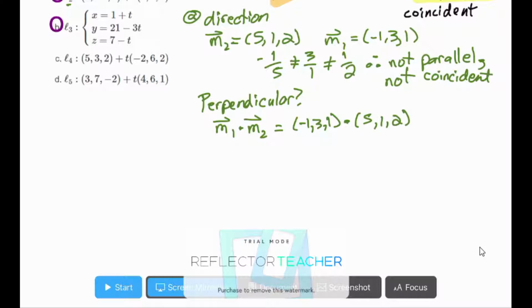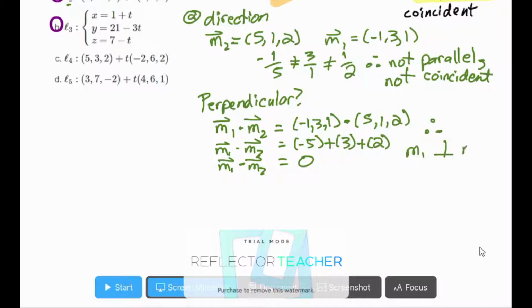Remember, we find the product of our x, y, and z components and then add them, so we're going to have negative 5 plus 3 plus 2. Negative 5 plus 3 plus 2 is in fact 0. Awesome. Dot product equals 0. Therefore, M1 is perpendicular to M2. And that means that L1 is perpendicular to L2.